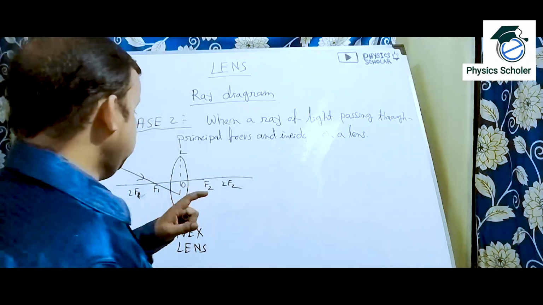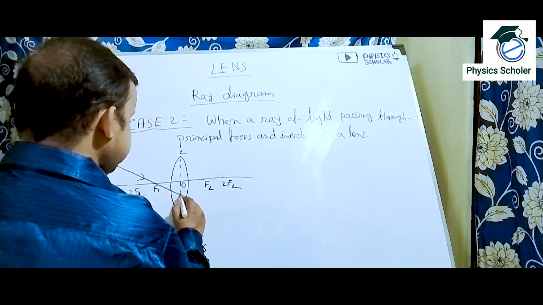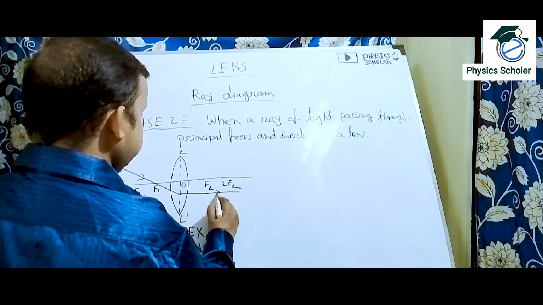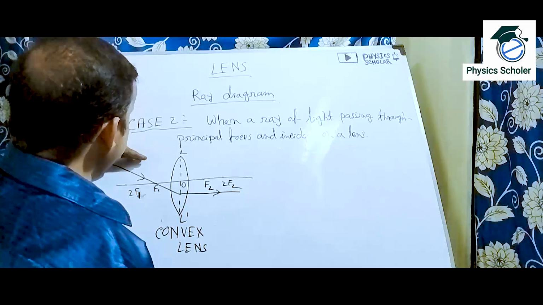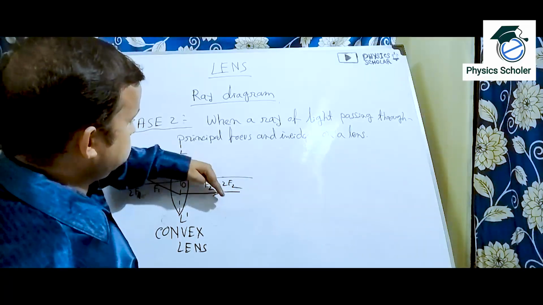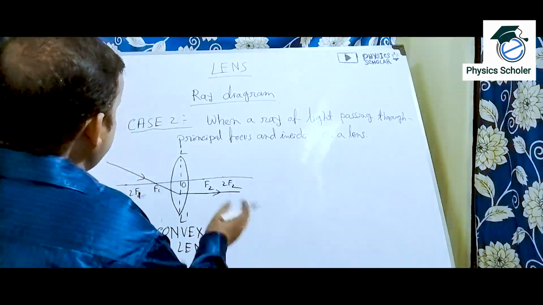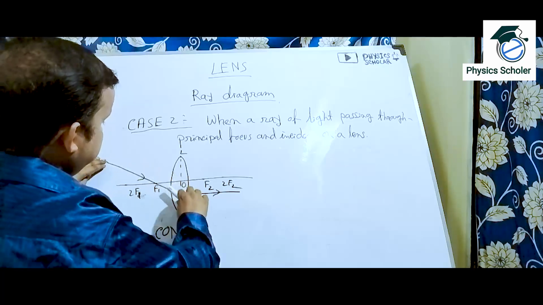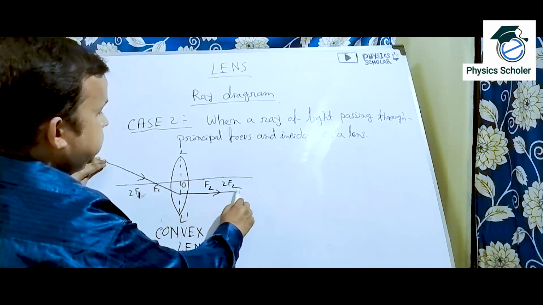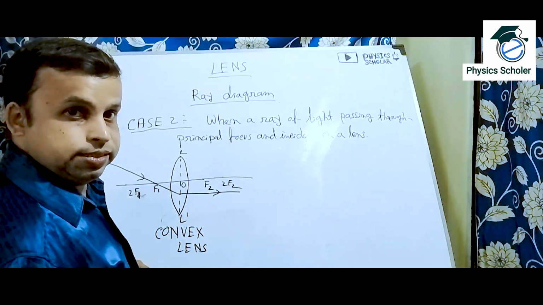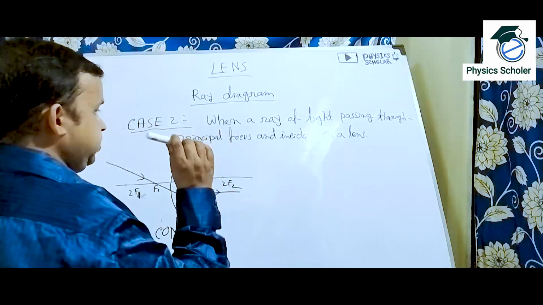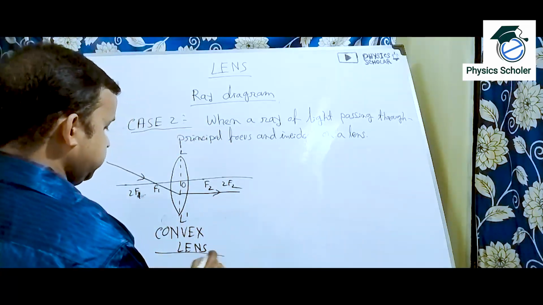Then what will happen? After getting refracted, it will be parallel to the principal axis. What we have seen is that if a ray of light is parallel to the principal axis, then it will pass through the principal focus. So if a ray of light passes through the principal focus, then after getting refracted, it will be parallel to the principal axis. So it is for the convex lens.